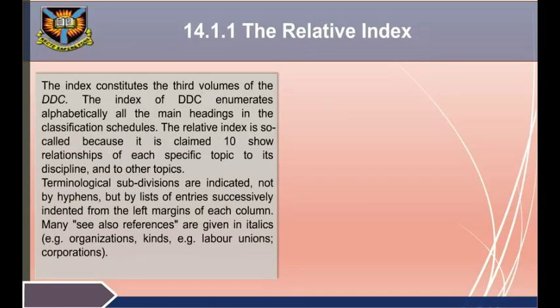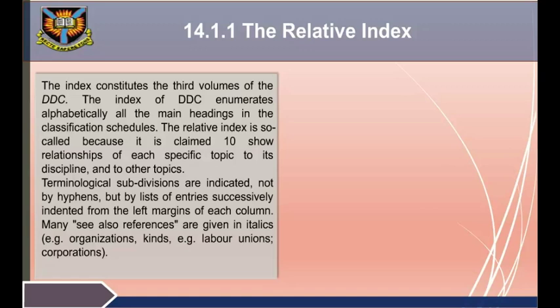The relative index. The index constitutes the third volume of the DDC. The index of DDC enumerates alphabetically all the main headings in the classification schedules. The relative index is so called because it is claimed to show relationship of each specific topic to its discipline and to other topics.